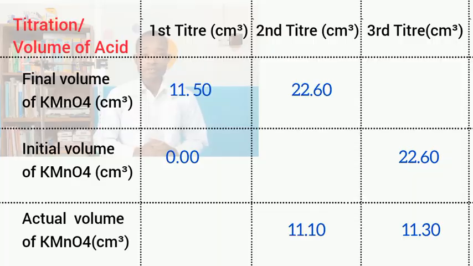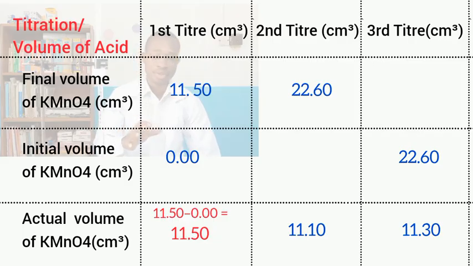So if the final volume in the first titration is 11.50 and the initial volume is 0.00 cubic centimeter, then to obtain our actual volume of potassium manganate 7 used, it's going to be 11.50 minus 0.00, and that gives us 11.50. So in the first titration, the volume of potassium manganate 7 used is 11.50 cubic centimeter.